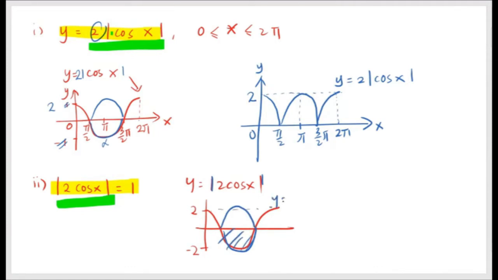So this is y equal to modulus 2 cos x. So you compare these two, the same or not? These two are the same, right? So modulus 2 cos x is actually the same as 2 modulus cos x.